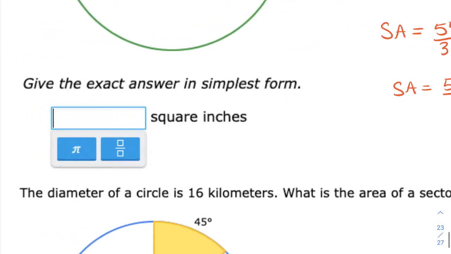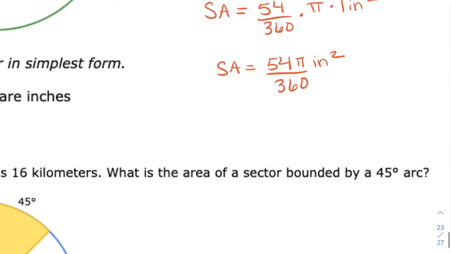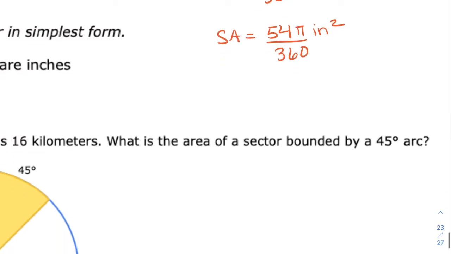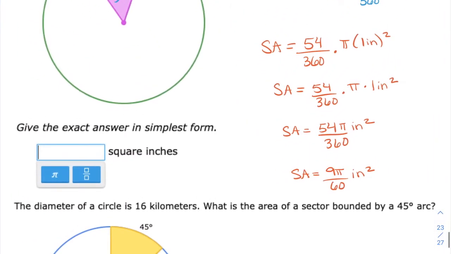We want it in simplest form, so we need to simplify it. Let's divide 54 and 360 by 6, which they both have in common. 54 divided by 6 is 9, and 360 divided by 6 is 60. We can divide a little bit further.